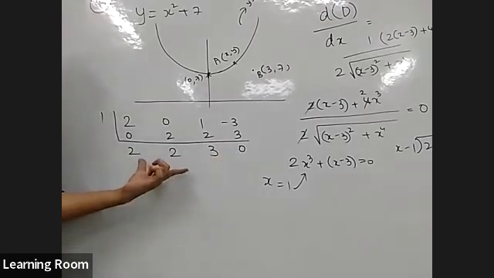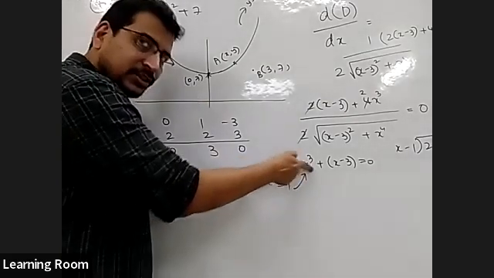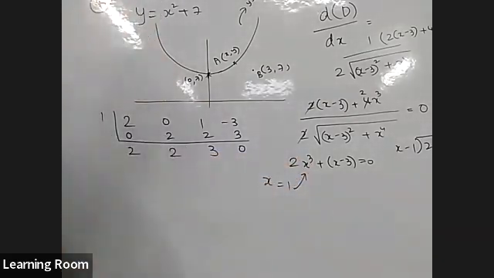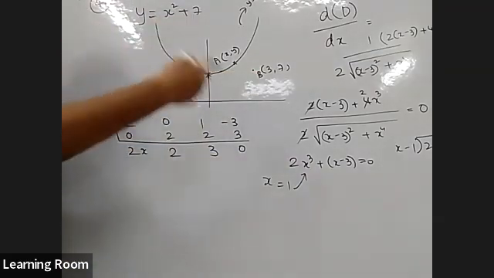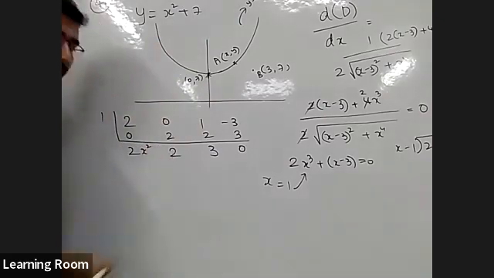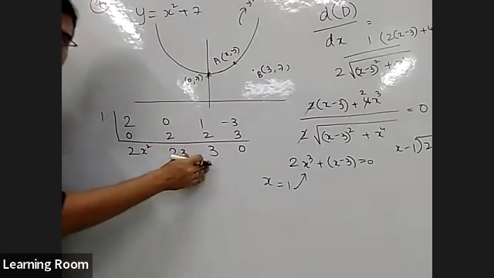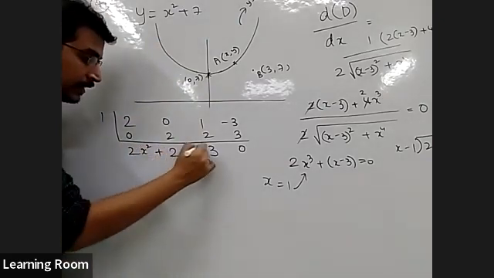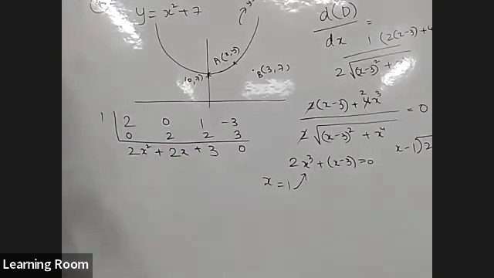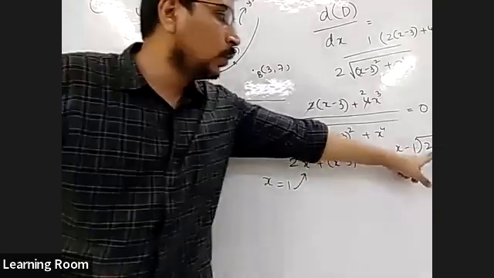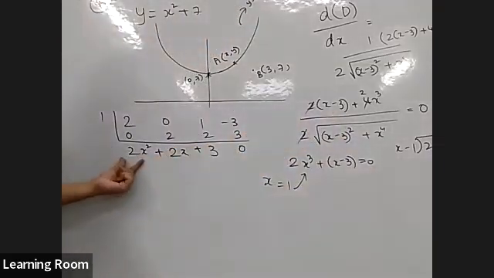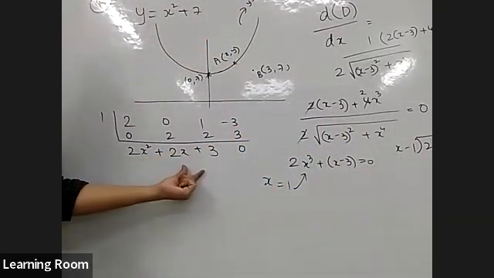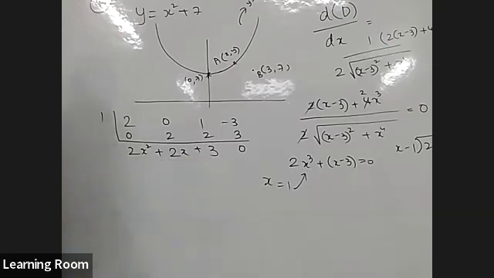For the quotient, since the expression is x cube, write with 1 power less, because the quotient starts with 1 power less. So x square, then an x, and this will be the constant. So what we are saying is, when you divide 2x cube plus x minus 3 by x minus 1, the quotient comes out to be 2x square plus 2x plus 3 and the remainder comes out to be 0.